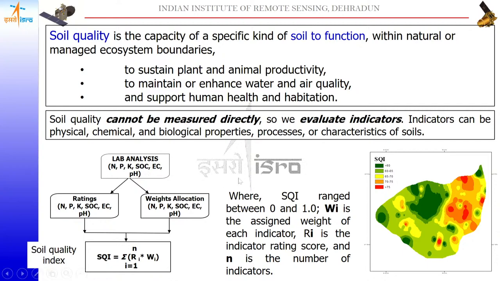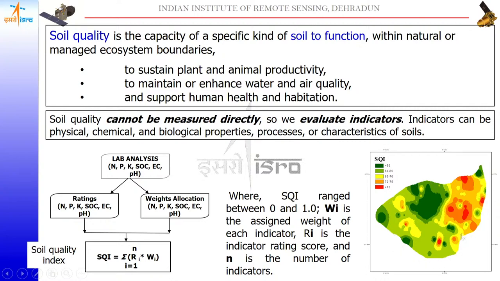Nitrogen, phosphorus, potassium, calcium, soil organic carbon, electrical conductivity and pH can be estimated for the various soil map units. You take samples based on the soil map units, do the ratings, give the weights and use the soil quality index formula, and we can generate the soil quality map of the area.